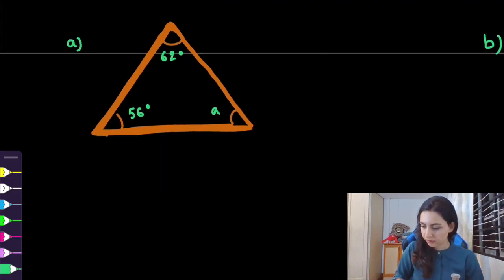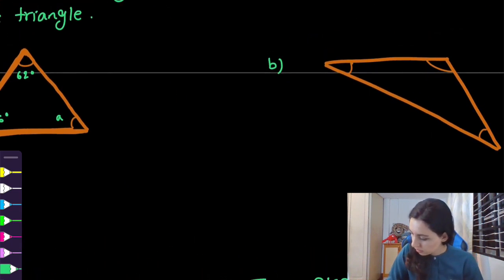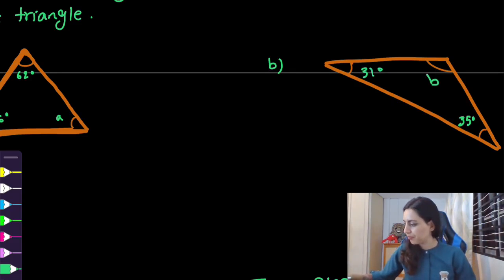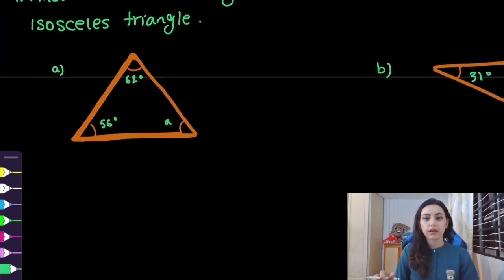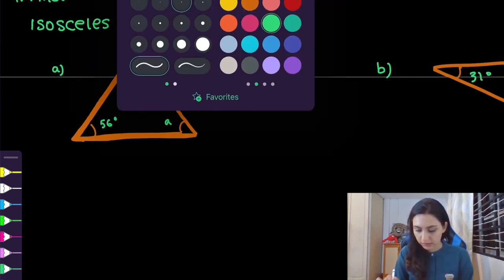And then for part B, 35, 31, and this is B. Okay, so we know in an isosceles triangle, two sides are equal as well as the two angles. So in this case, A has to be either 56 or 62. Otherwise, it's not an isosceles triangle.